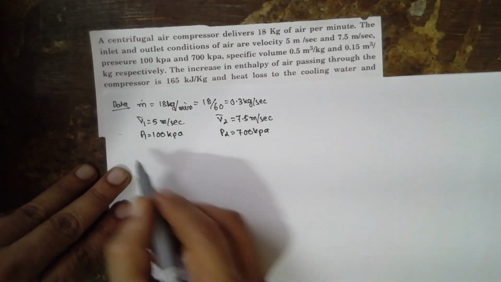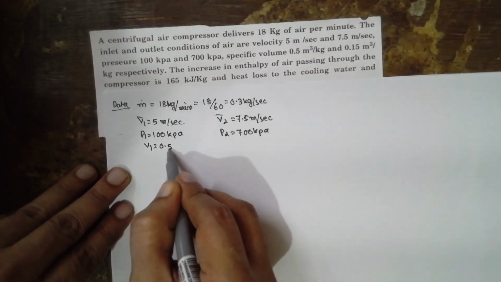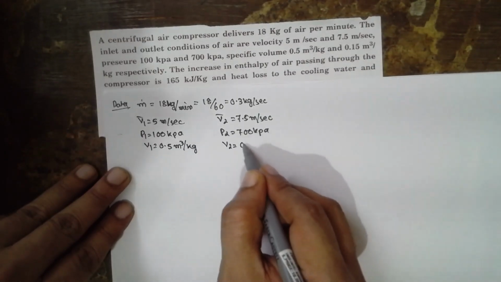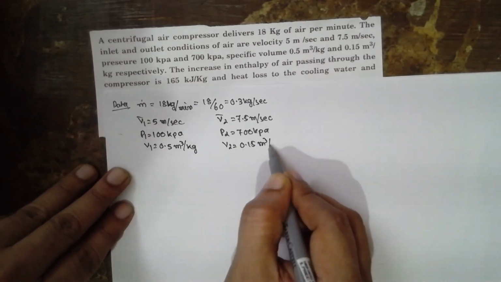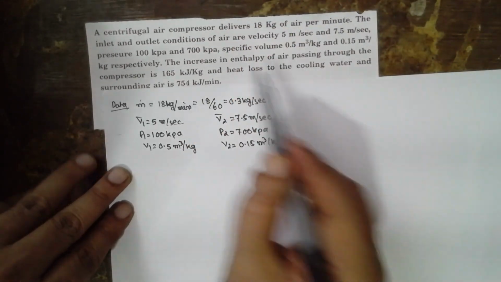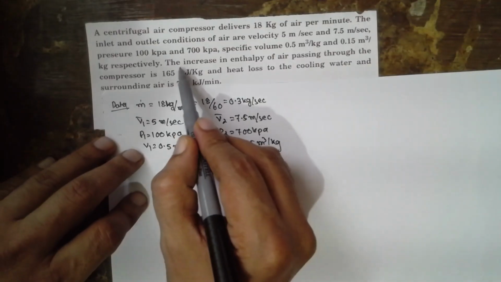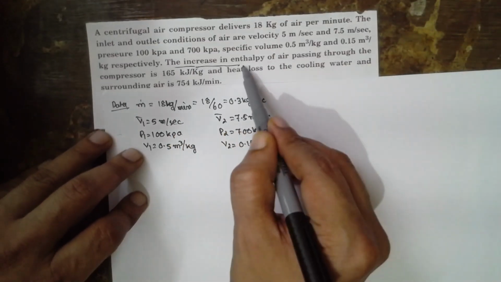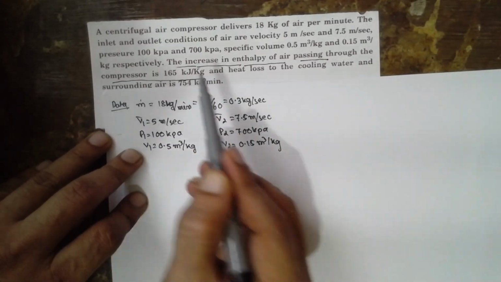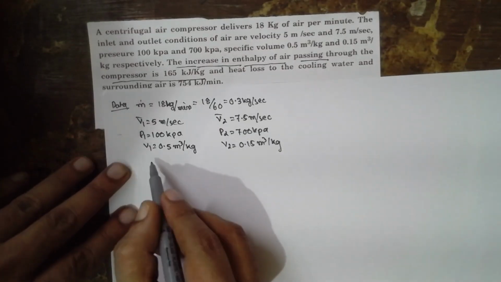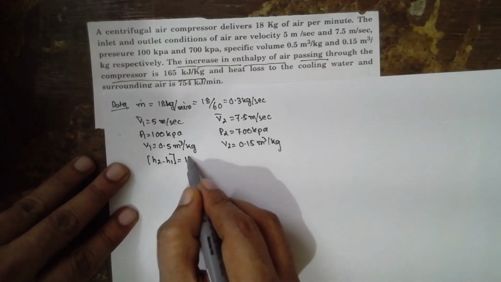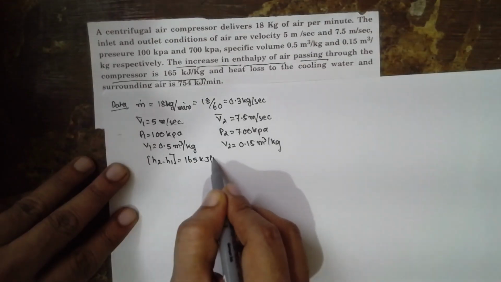Specific volume v1 is equal to 0.5 meter cube per kg, v2 is equal to 1.15 meter cube per kg. The increase in enthalpy, this is very important here. The increase in enthalpy of air passing through the compressor is 165 kilojoule per kg. That means H2 minus H1 is equal to 165 kilojoule per kg.